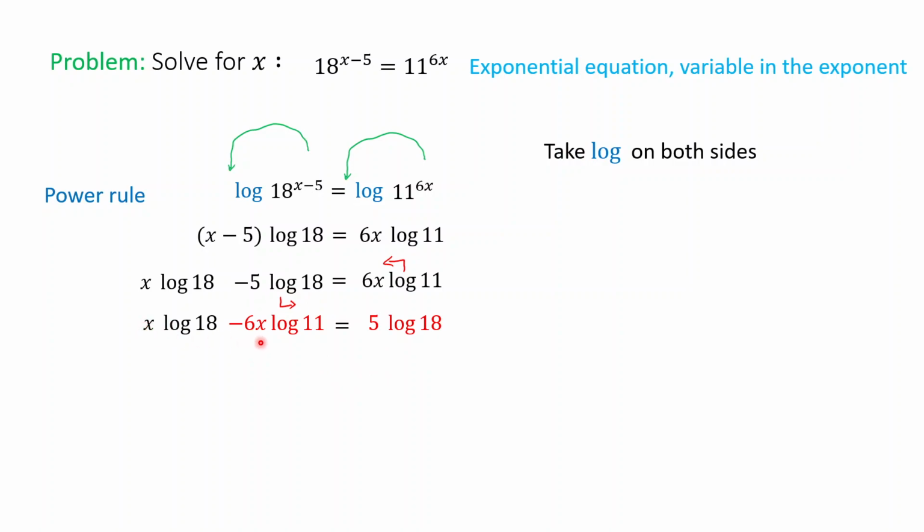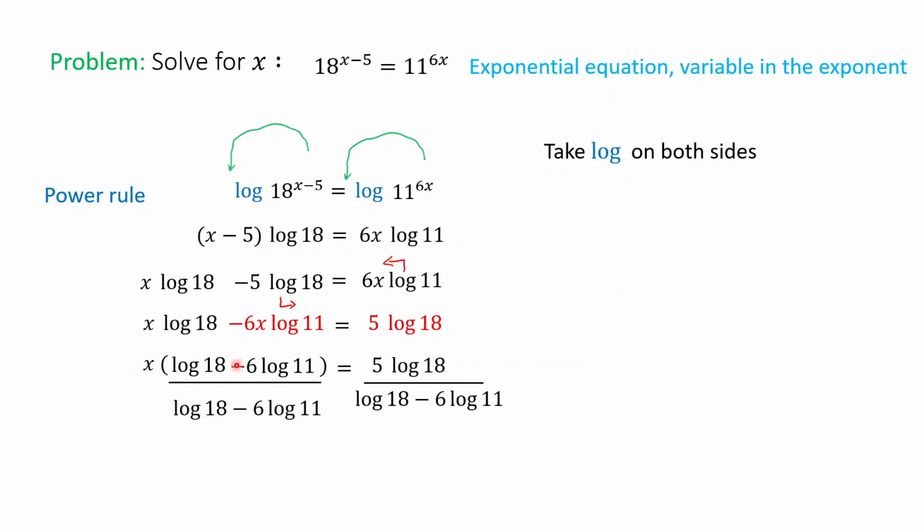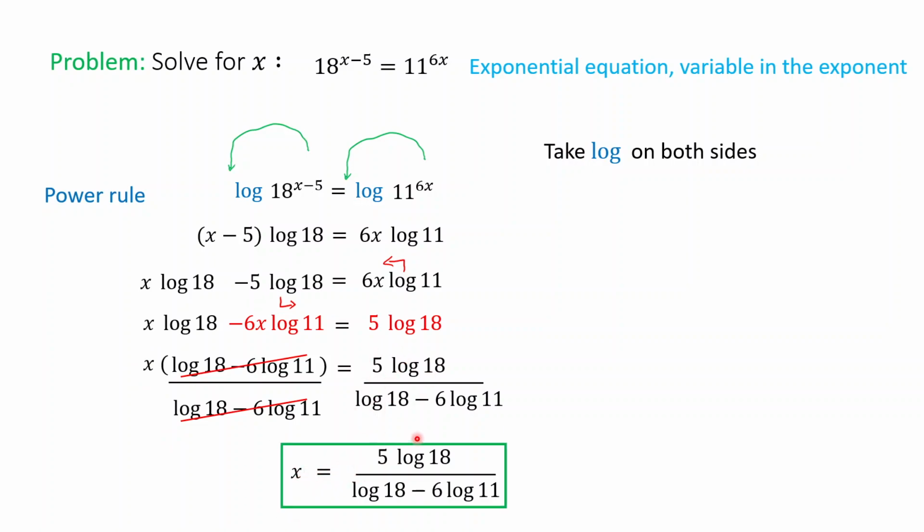Now factor the x: x times (log 18 minus 6) is equal to this. Now divide this out so that you can get x. Cancel. So x is this. This is the solution.